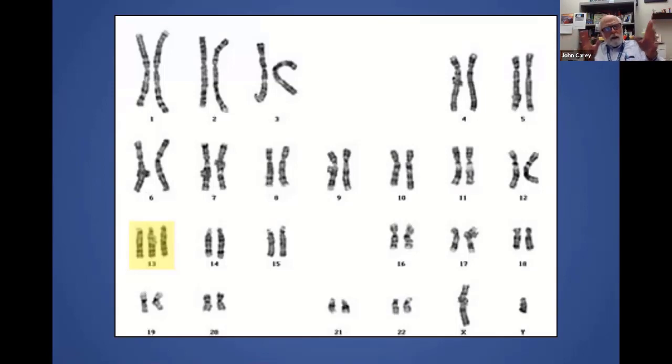A little less than 10% have either a translocation with partial trisomy 13, always of the long arm, or mosaicism. So mosaicism makes up about half of that 10% that is not full complete 13.